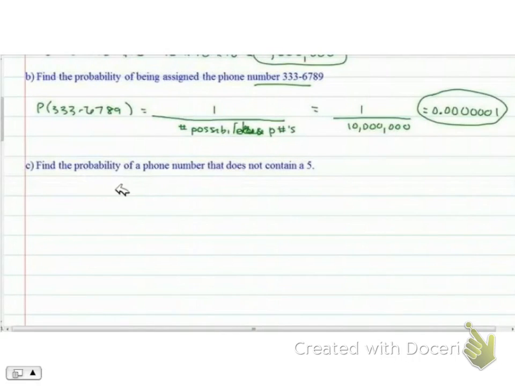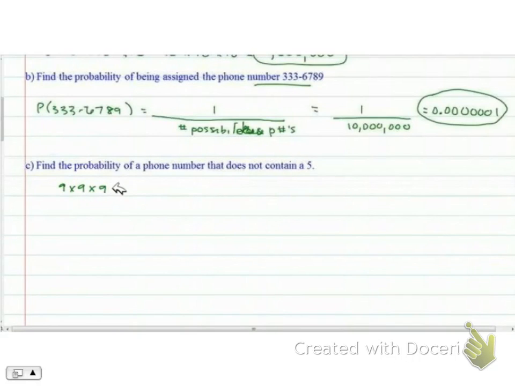Because you have 1 through 10, right? You have 10 choices, okay? But for each digit, there are 9 choices if we take the 5 out, right? So now what we're going to do is take our 7 digits, because we have a 7-digit number, right? And instead of multiplying by 10, we're going to multiply by 9.